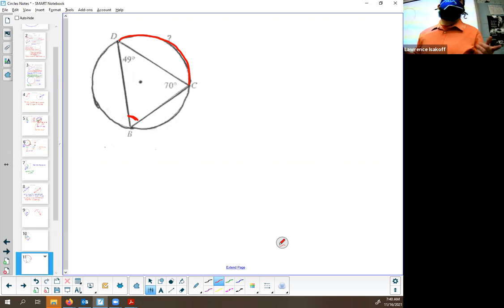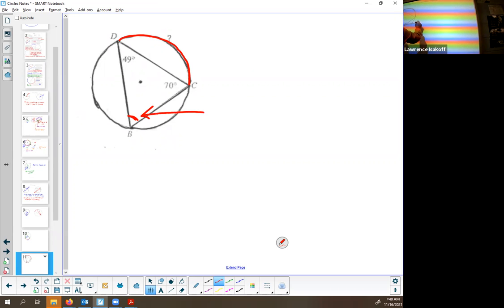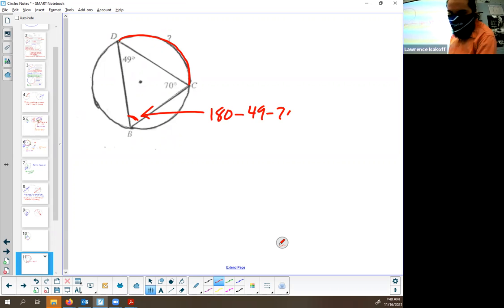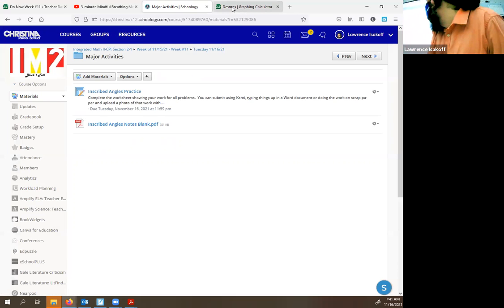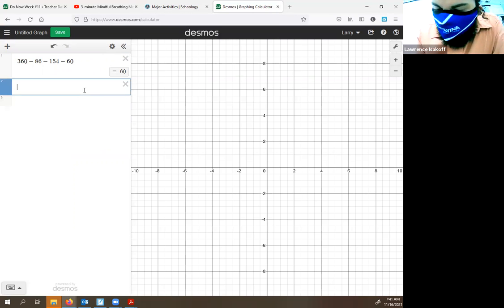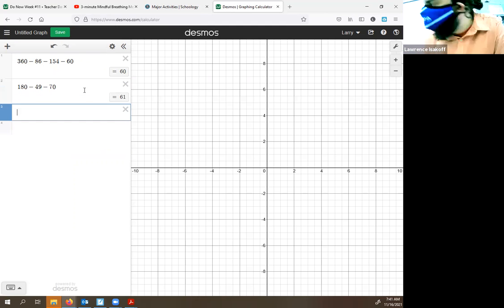They all add up to 180. So since they add up to 180, I know this is 49 and this is 70. So what I'm going to do is start with saying 180 minus 49. So let's just quickly put that in. 180 minus 49 minus 70.